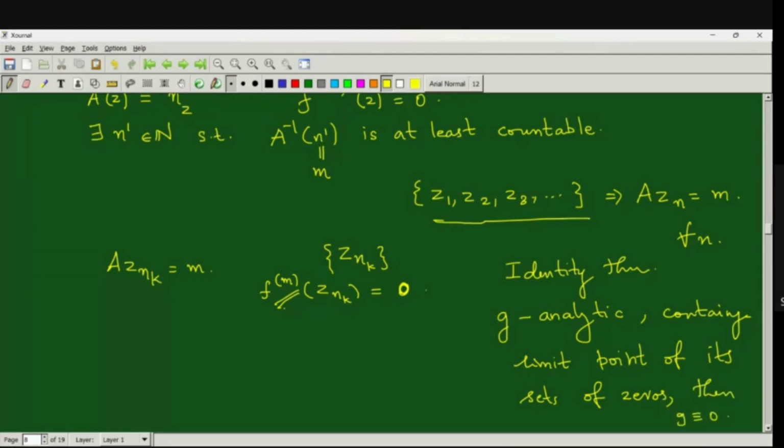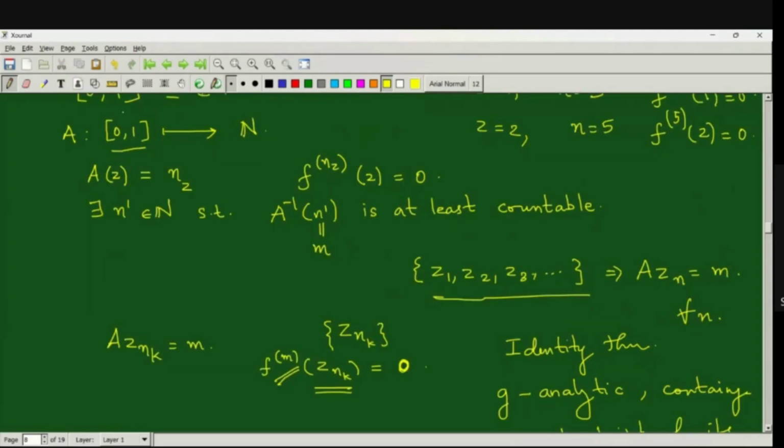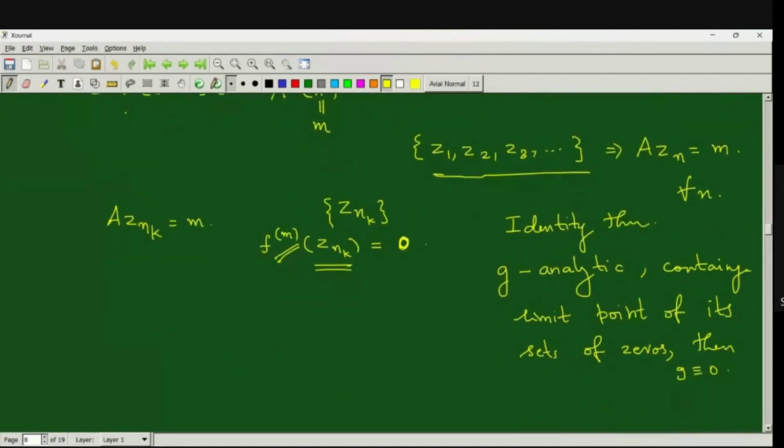So what is actually G here? F power m. The mth derivative of f is also an analytic function. And that analytic function is going to have a limit of zeros because we are always taking sequences from a compact set. Its limit is also in that set. Means what? The mth derivative is identically 0.